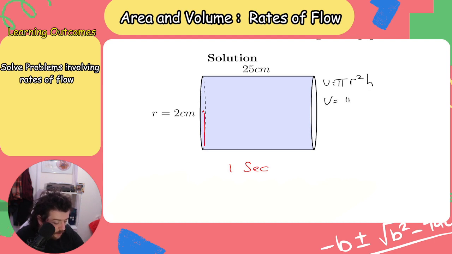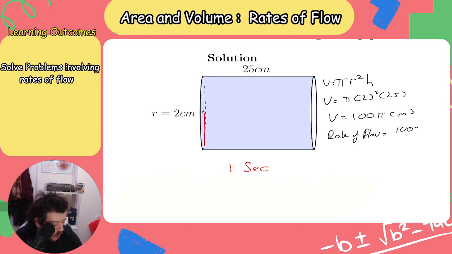The volume is going to equal pi times 2 squared times 25, which equals 100 pi centimeters cubed. So the rate of flow is going to be 100 pi centimeters cubed per second. So for every second, 100 pi centimeters cubed of water is rushing through that pipe.